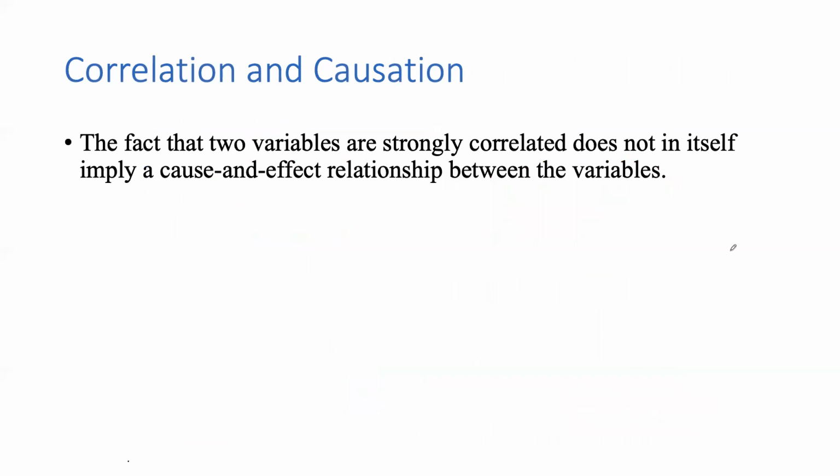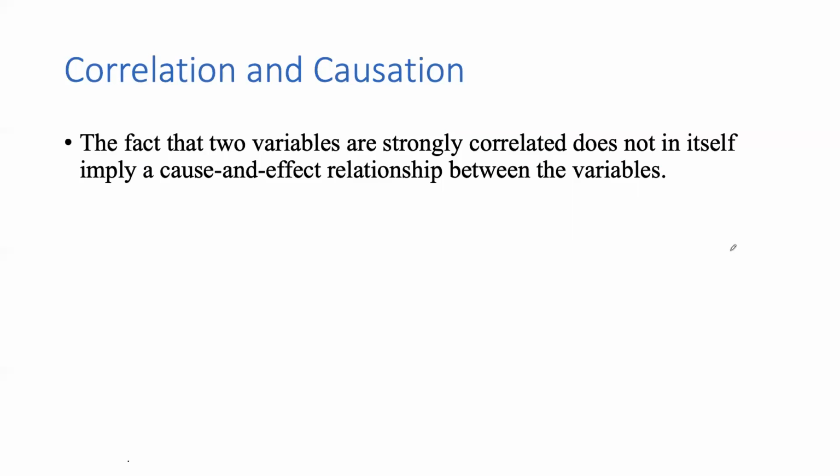All right. The last thing I want to mention in this section is this discussion between correlation and causation. Okay? This is a very important idea in statistics. And the big banner headline that you need to take away from this is that correlation does not imply causation.